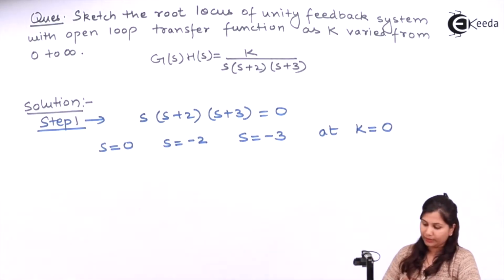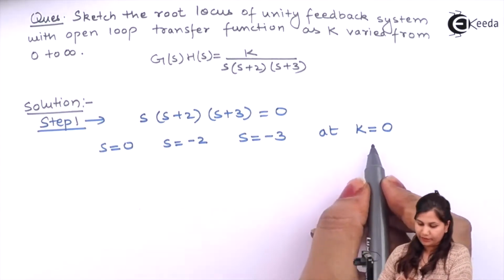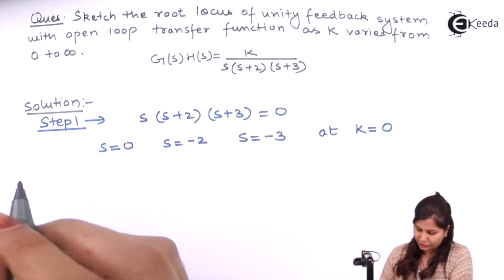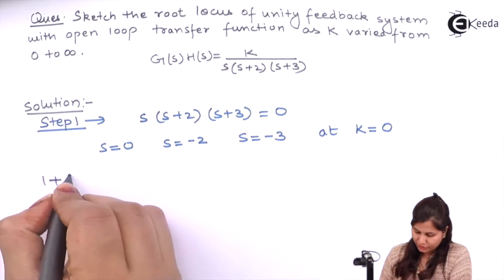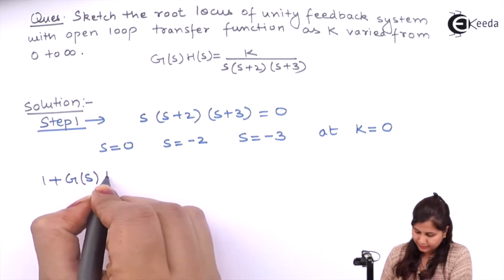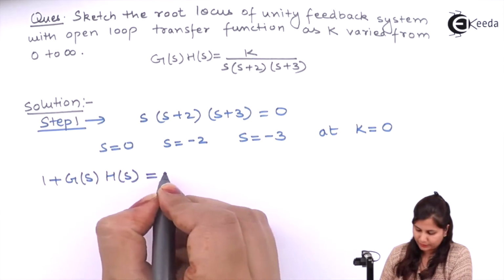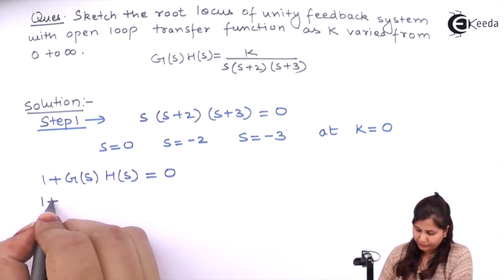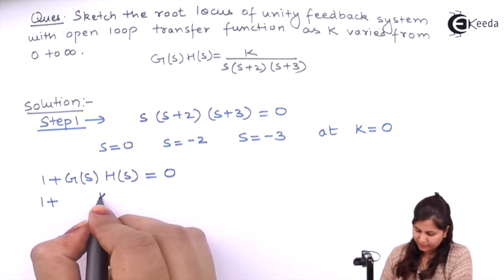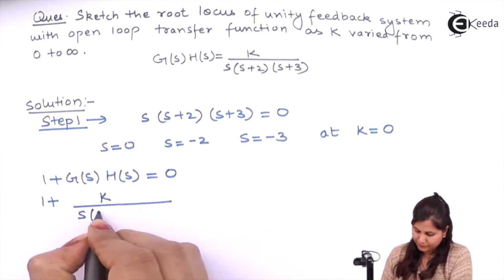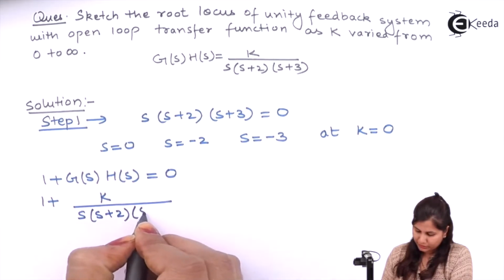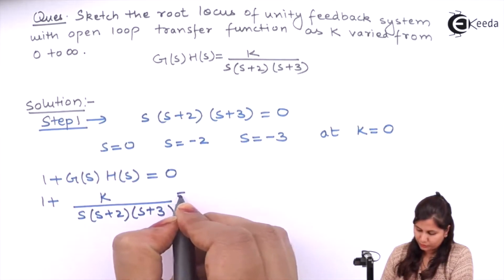How are we getting the roots? We are putting it into the equation 1 plus G(s)H(s) equals 0, that is the characteristic equation. We are putting the value of G(s)H(s) here, 1 plus K upon s(s plus 2)(s plus 3) equals 0.